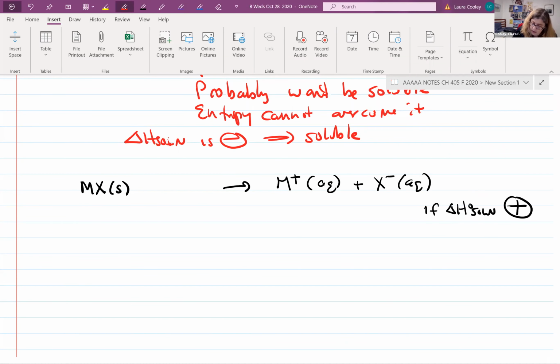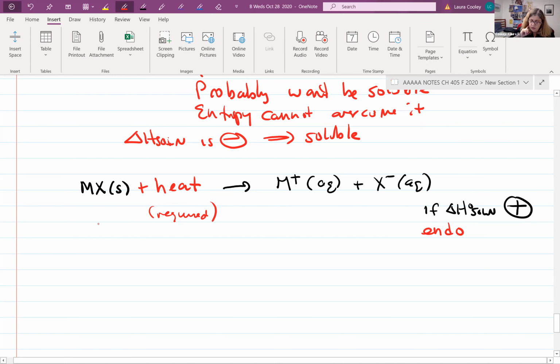That means it's endothermic, and you could write the heat on the reactant side, right? Because it requires heat. So if you raise the temperature, raising the temperature is like adding heat, and that will drive the reaction to the right to remove heat by Le Chatelier's principle.